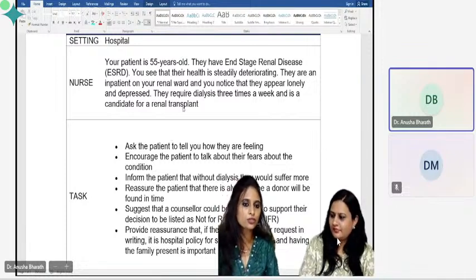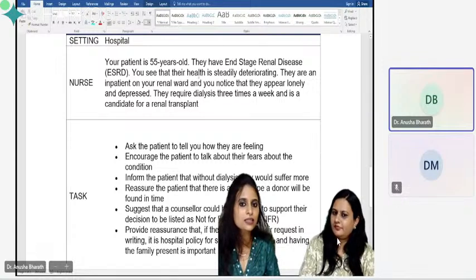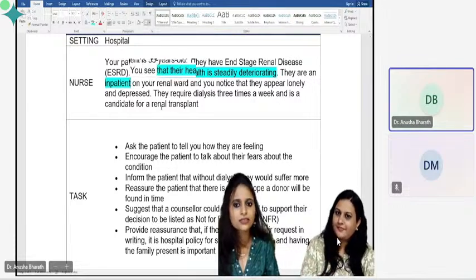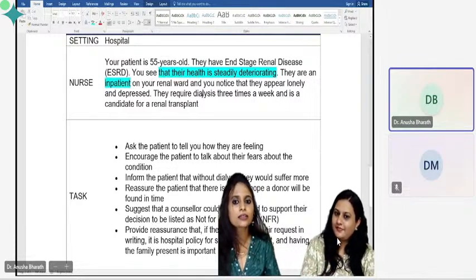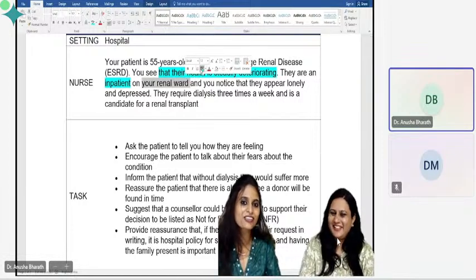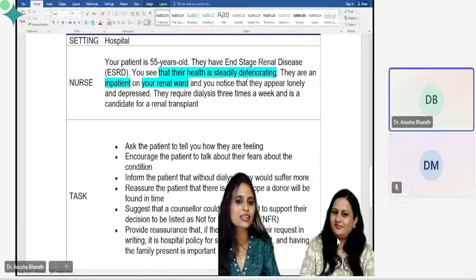Please see here it's given that their health is steadily deteriorating. Yes, they are an inpatient. It is a known case. And on your renal ward, that's also important.